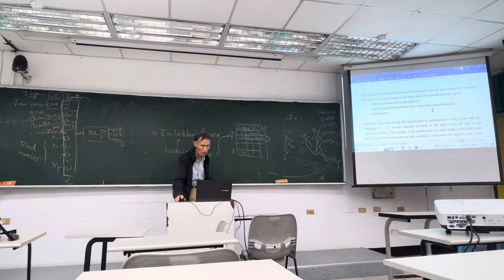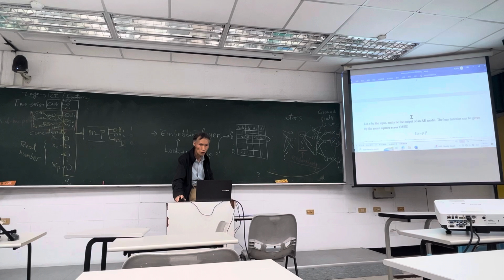Remember, whenever I say something about autoencoder, it means we expect the output should be the same as the input. That's it, autoencoder. Any question so far? If not, now let's go to something that needs a little bit of background in statistics and probability.